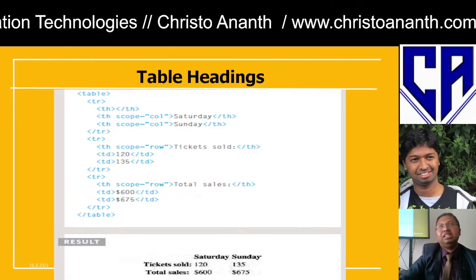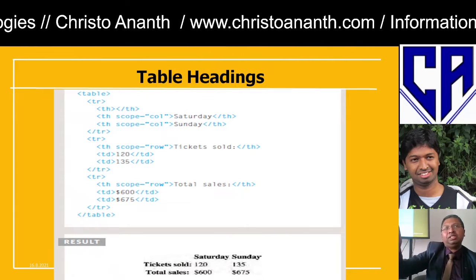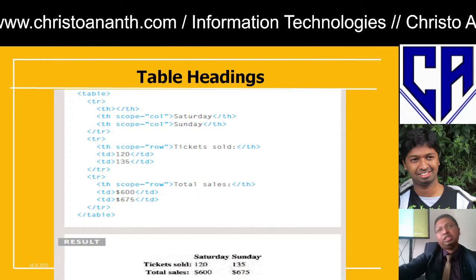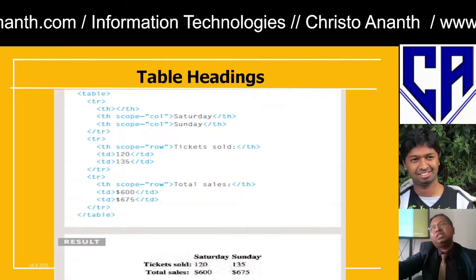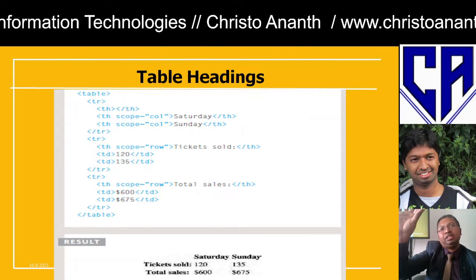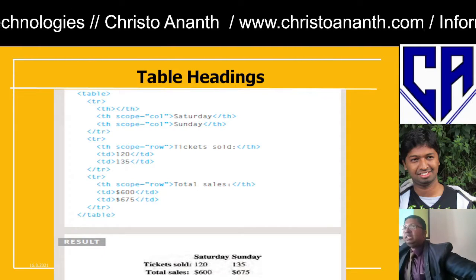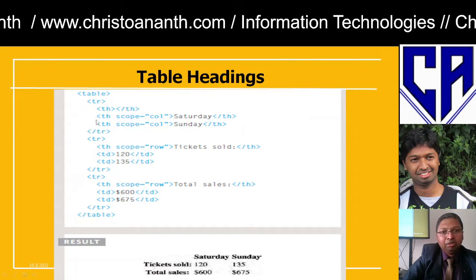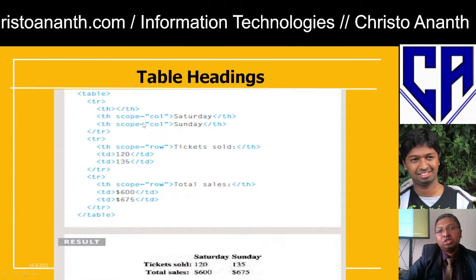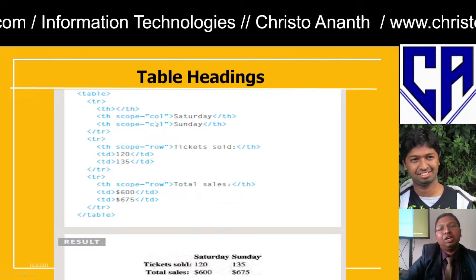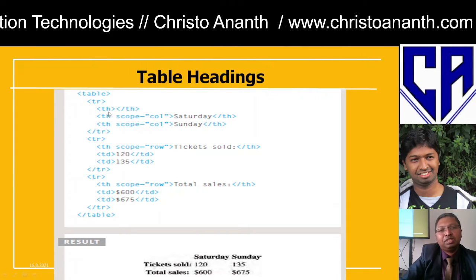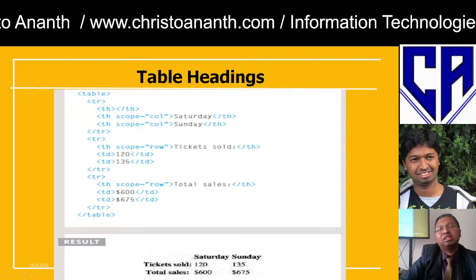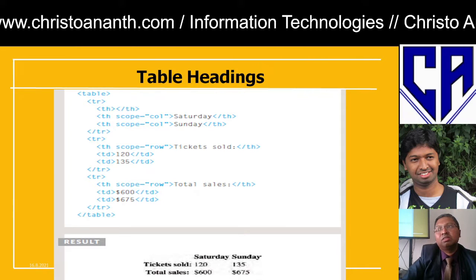That is the reason I told you now. Whenever you have an empty cell, you do it with a td and then close td, or maybe th and then close th, just to indicate that it is an empty cell. This is one empty cell. Then you have th scope col.